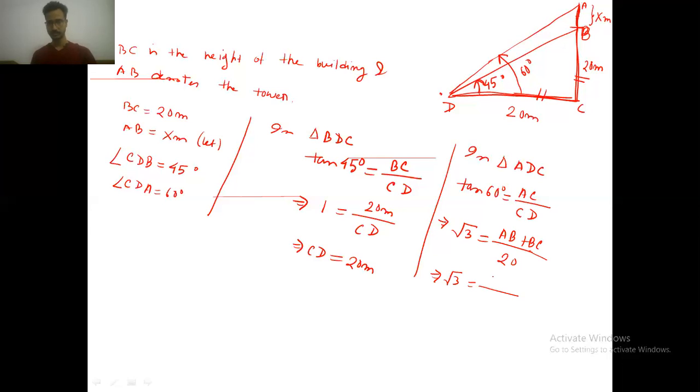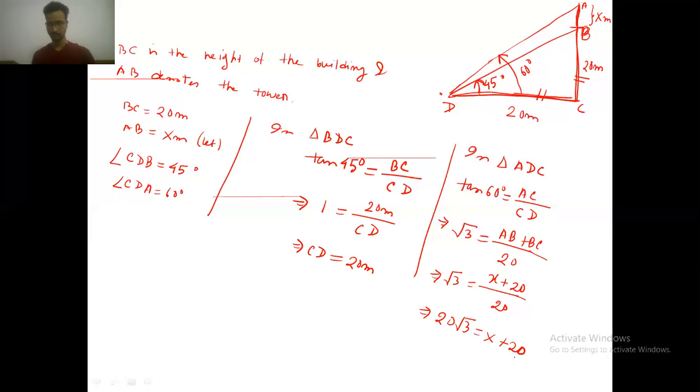AB is your x, BC is your 20, this is 20. Now cross multiply it, it will be 20 root 3 equal to x plus 20.